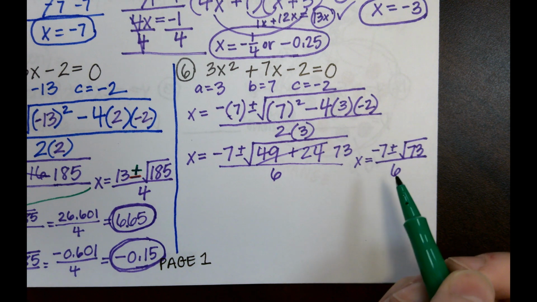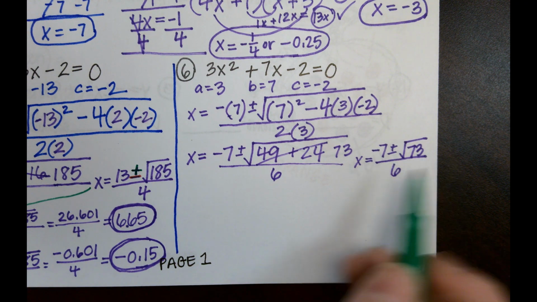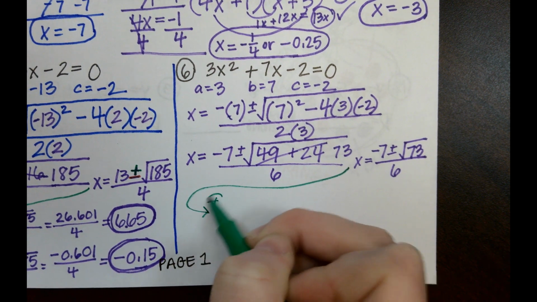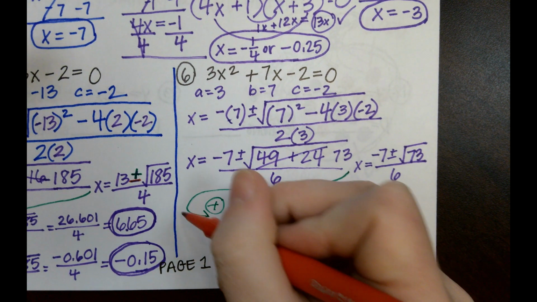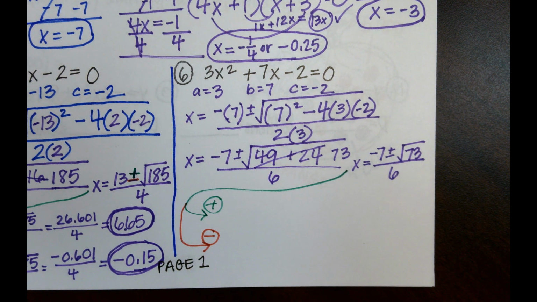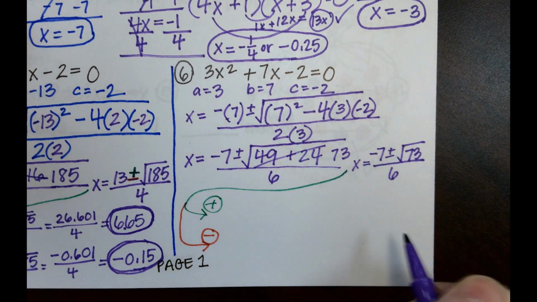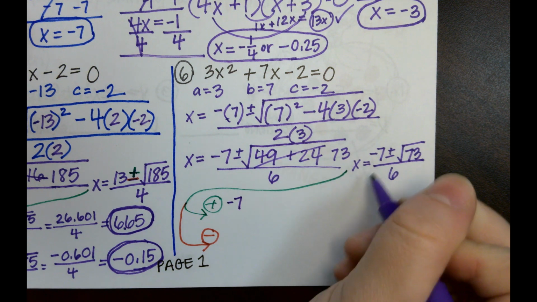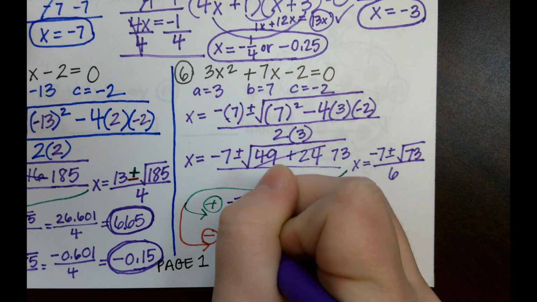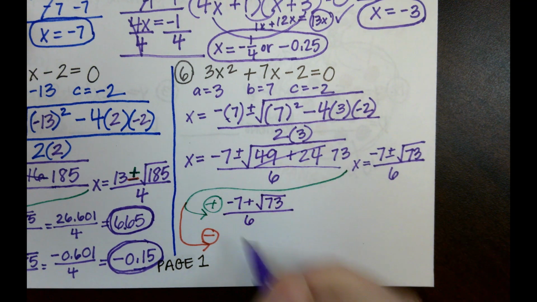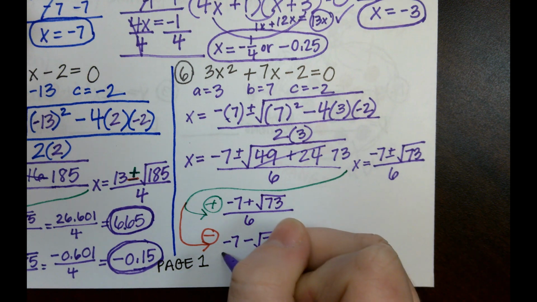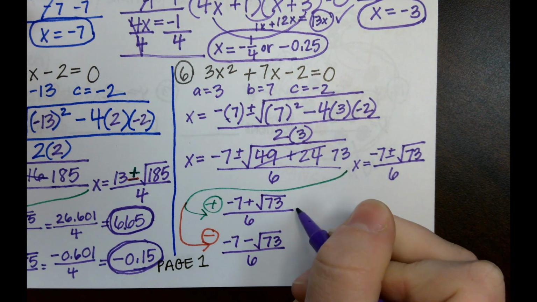We're gonna do the split, the plus and the minus. So I have -7 plus the square root of 73 divided by 6, and I have -7 minus the square root of 73, all of that divided by 6.